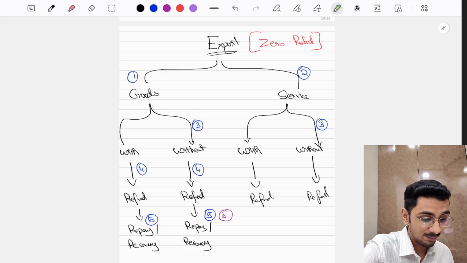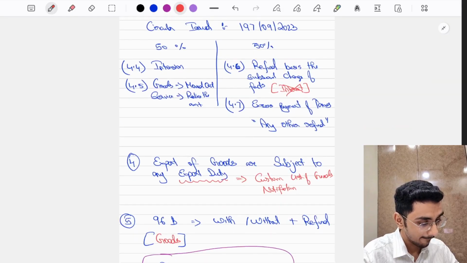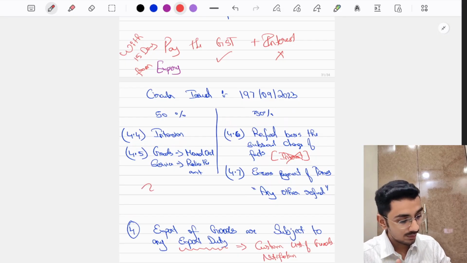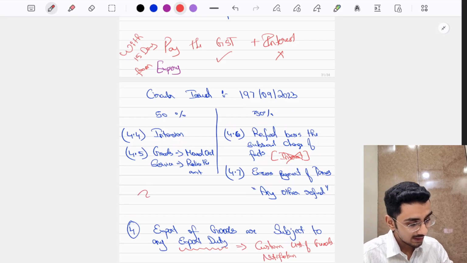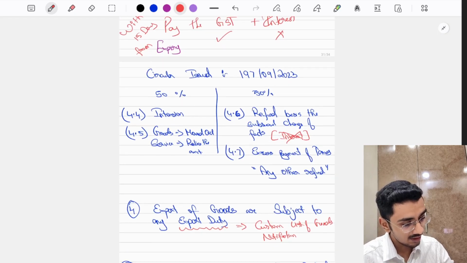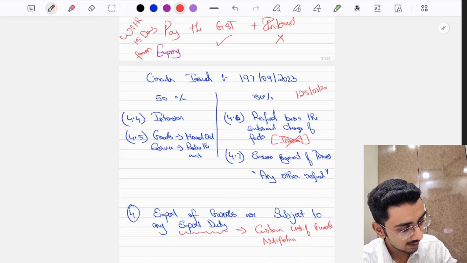Last thing, I probably missed out this component. Also remember that I told you, you have to file LUT. Along with this, just read circular number 125, I think 03 2019, if I'm not wrong. I am not sure about it.